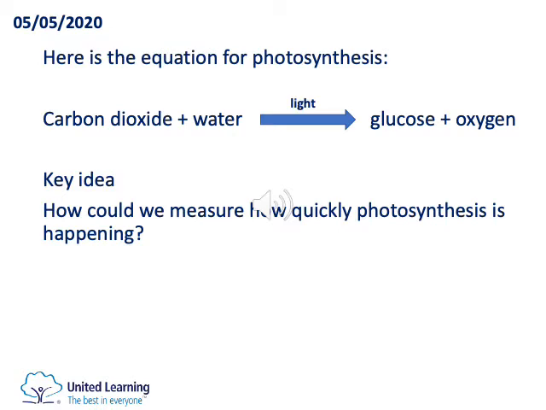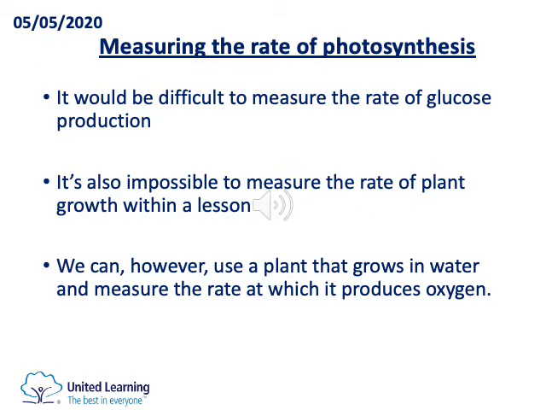Now the key question is, how can we measure how quickly photosynthesis is happening? What are your thoughts on this? One of the things you could do is measure the amount of glucose being produced per unit time. However, that would be rather difficult.